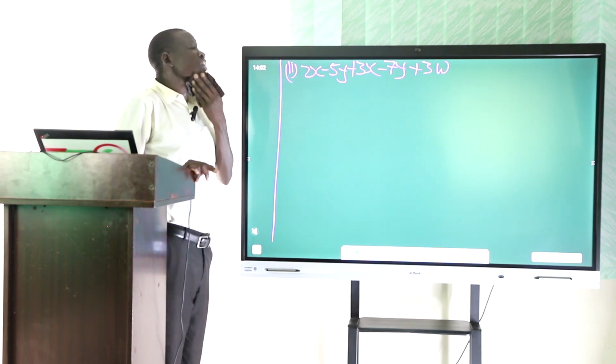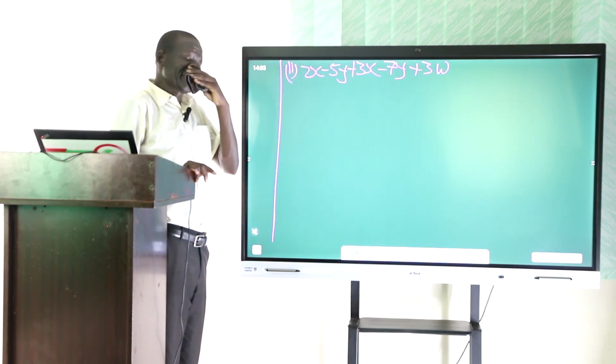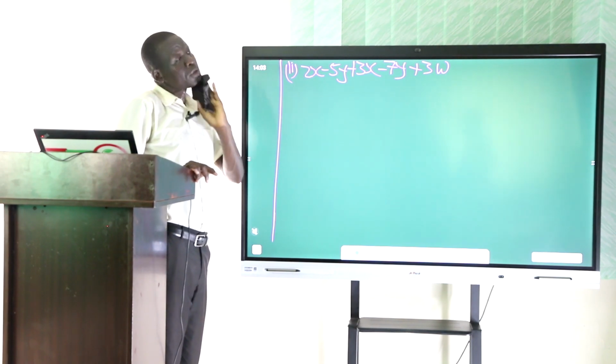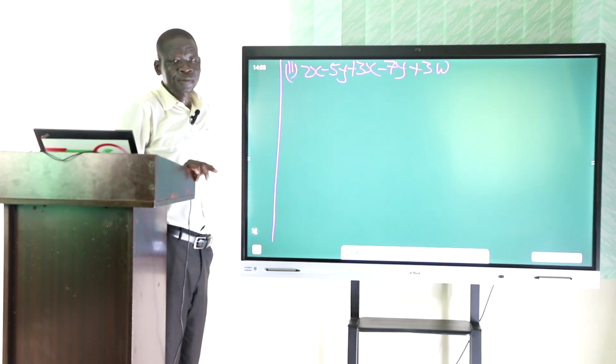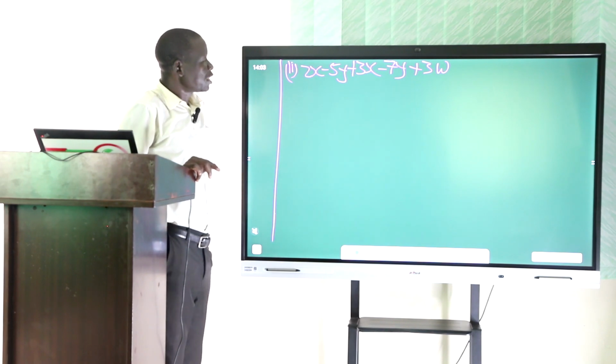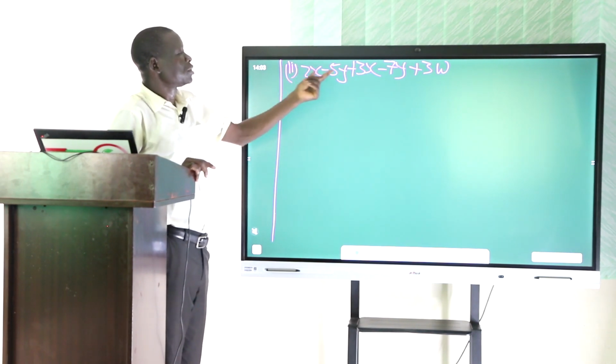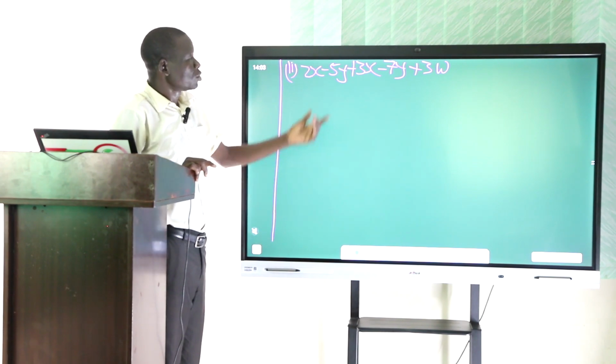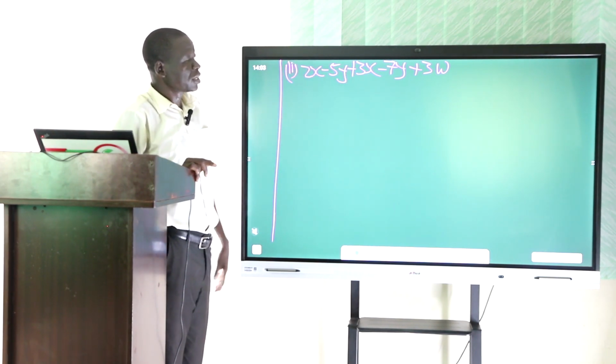So this is an expression also that consists of unlike terms. Collect the like terms together. Here, the terms which contain x, bring them together. Those which contain y, bring them together.